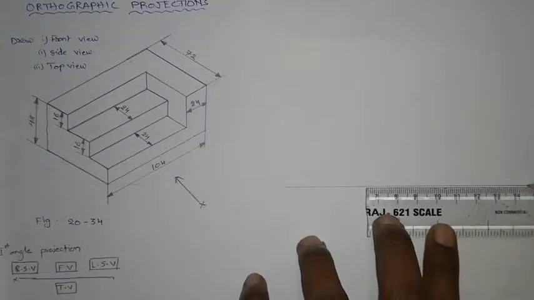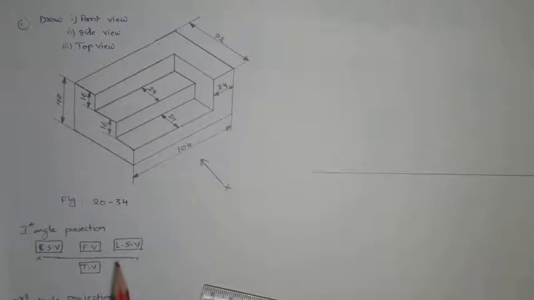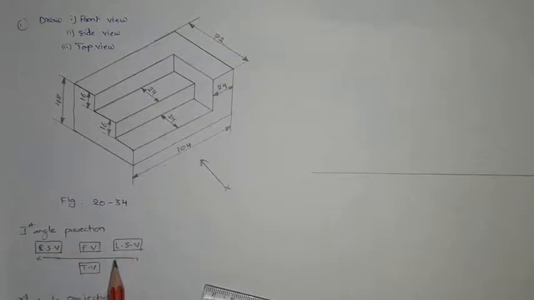From the exam point of view, remember that you will be asked to draw any three views: either front view, top view and left side view, or front view, top view and right side view. In general, he will ask for the front view and top view, plus either this one or this one. No need to draw four views. The exam question will be asked like this: either you have to draw these three or you have to draw these three.